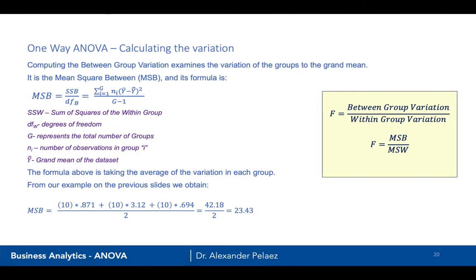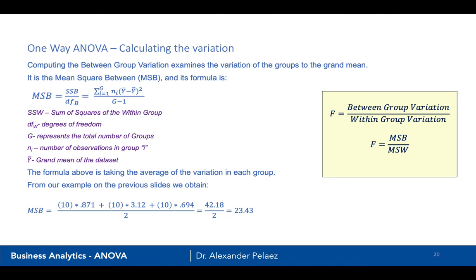Now we're going to take a look at the between group variation. The between group variation examines the variation that occurs between groups 1, 2, and 3. When we manipulate a variable within a group, we're looking to see if the effect of that manipulation is causing the differences, and that's what this is measuring. The formula is the sum of squares between the groups divided by the degrees of freedom between the groups.